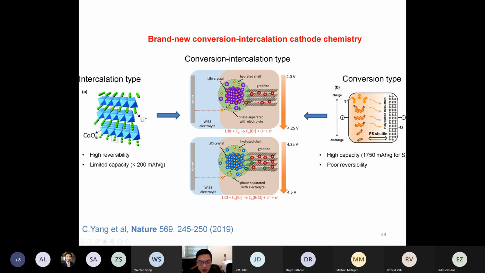To me, it's a perfect host for the intercalation reaction. And we also use the conversion-type reaction of the bromine and chlorine, so we get a very good energy density. Combined, we think this chemistry has very good potential.